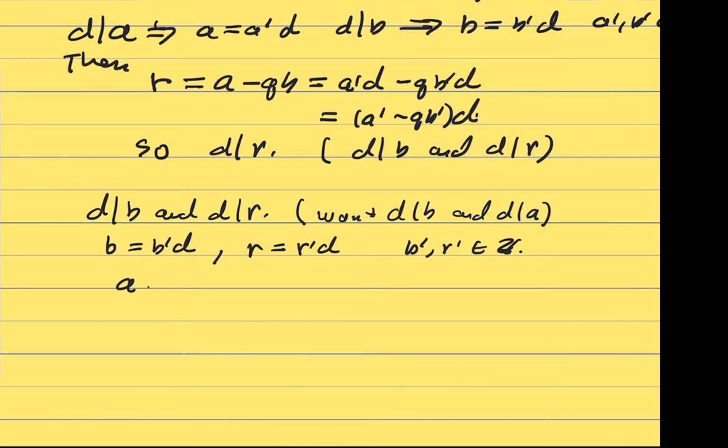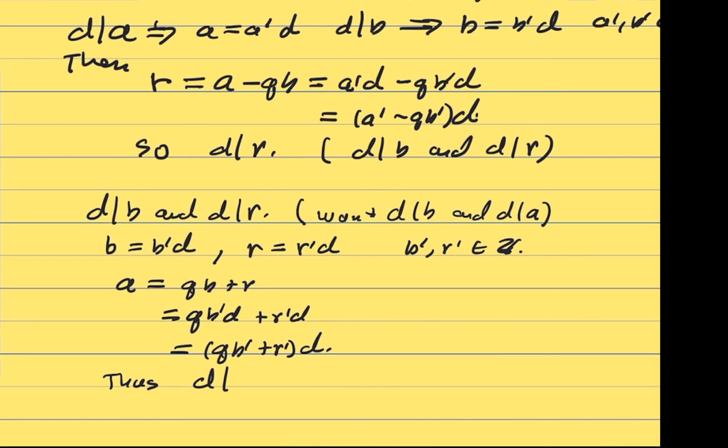And so A is going to be QB plus R, again expressing that in terms of what we've just assumed, Q B prime D plus R prime D. I can factor out the D, Q B prime plus R prime, times D, and so that says that D is a factor of A.